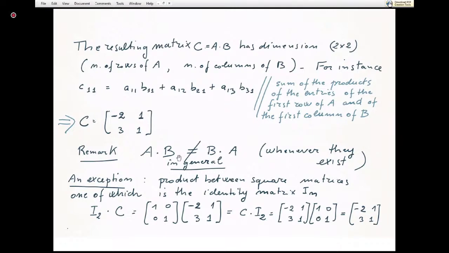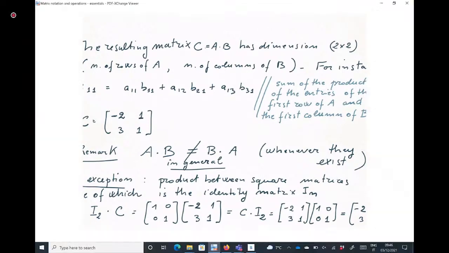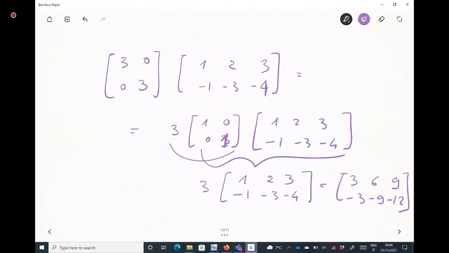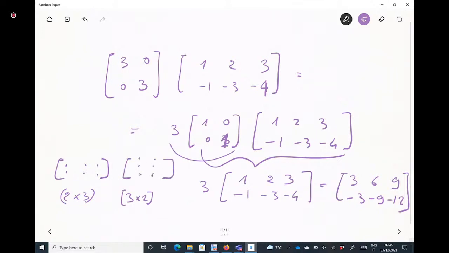Also, it can be computed, but they may have different dimensions, so they are different matrices. And one example is very simple. If I have a 2 times 3 matrix, and here a 3 times 2 matrix, the result here is a 2 by 2, okay?